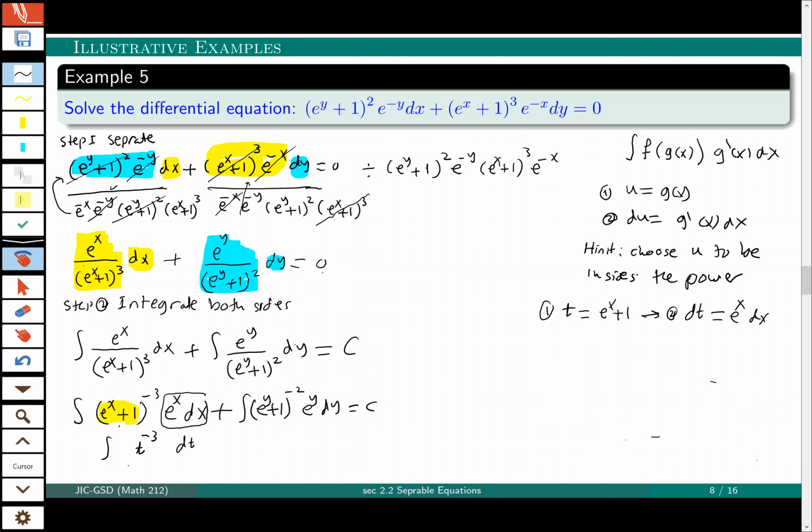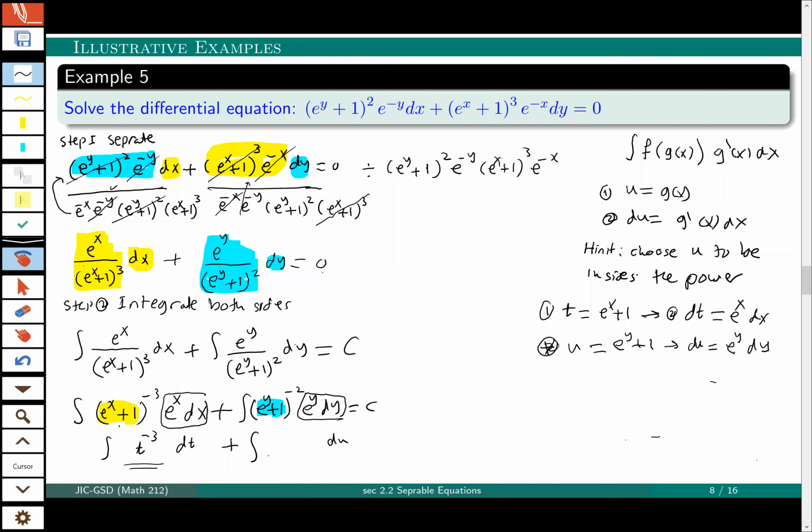And you can see we get one function with an antiderivative we know how to integrate. Same thing here. I will take u to be inside this power. So what you will get? u equals e to the power y plus 1, and the derivative with respect to u will be equal to e to the power y dy. So these two will be replaced by du.